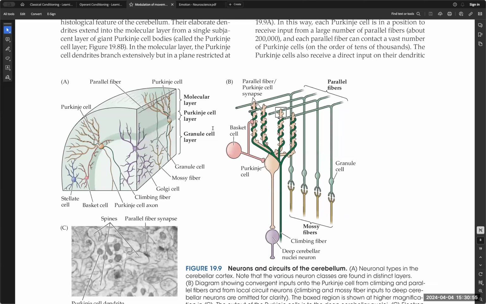The deep nuclei get excited by the granule cells and also receive inhibition from the Purkinje cell, and that allows us to see the modulation that happens.